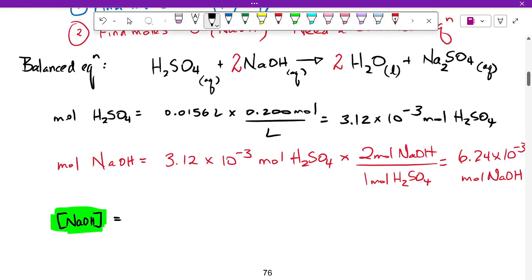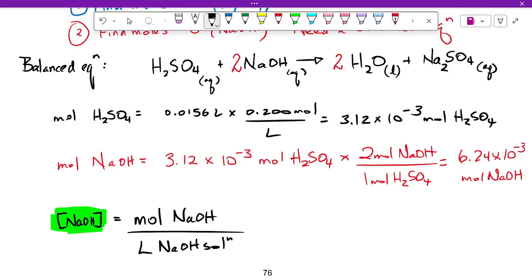And I want you to remember that this is moles of NaOH over liters of NaOH solution. Okay?